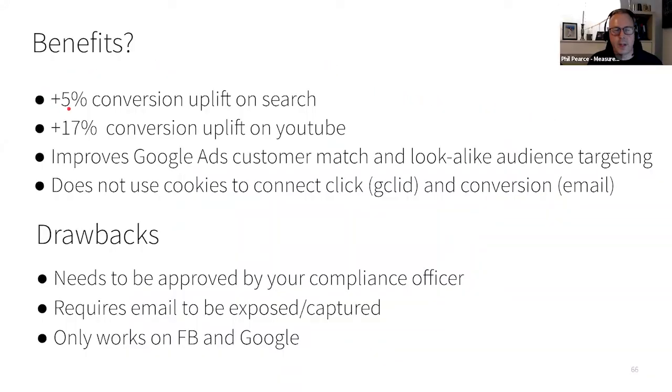So you saw in that video, it probably mentioned the 5% uplift on search or 17% uplift on YouTube. That's a massive boost. What it probably didn't mention, and this is something to think about on Google Ads, is that I would recommend, in addition to turning on consent mode on your primary conversions, like your purchase and your lead submitted, you should also turn them on for newsletter signups and login events.